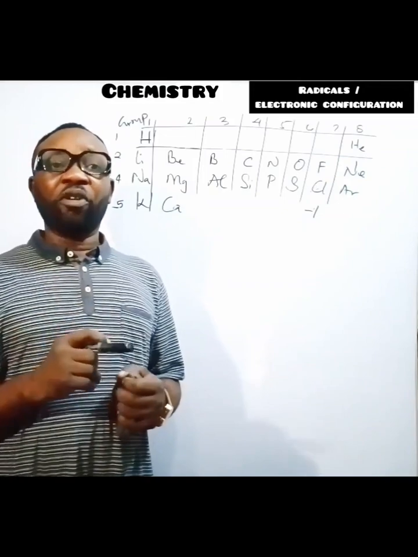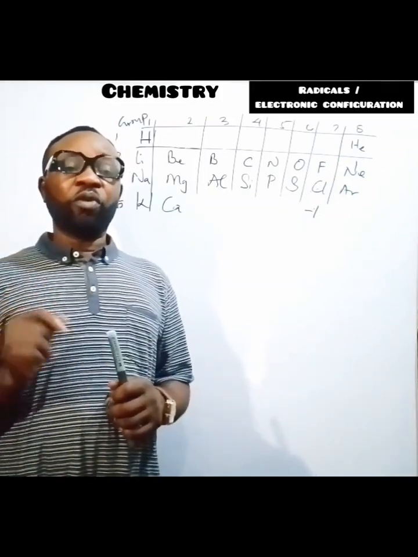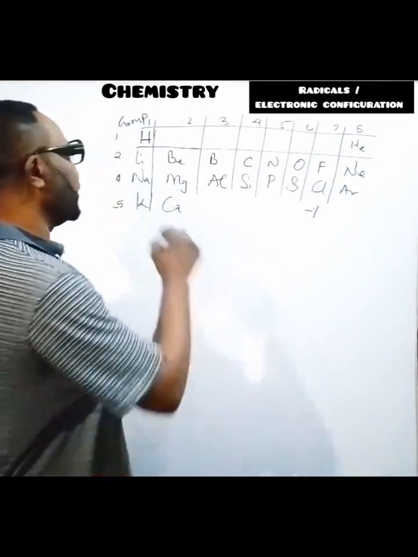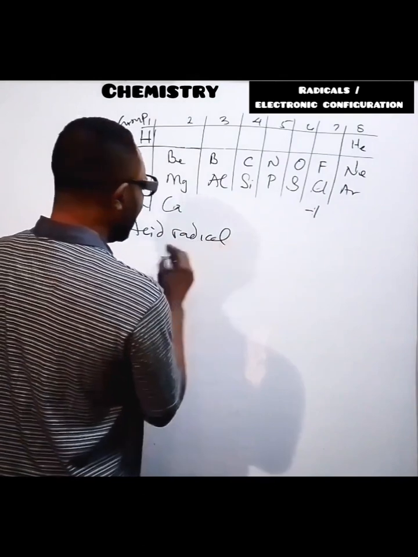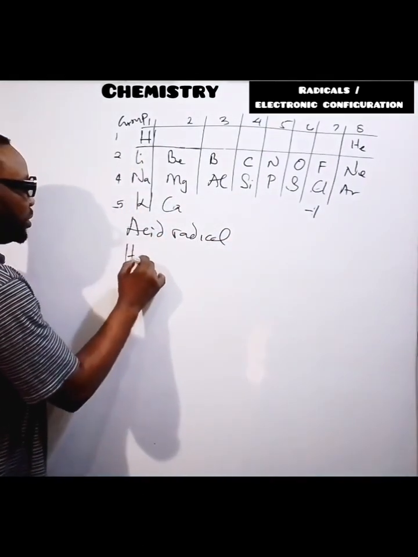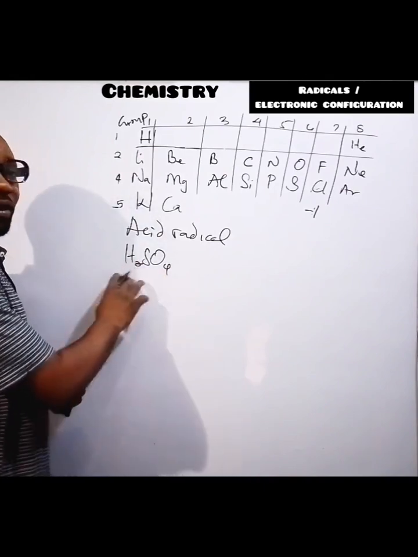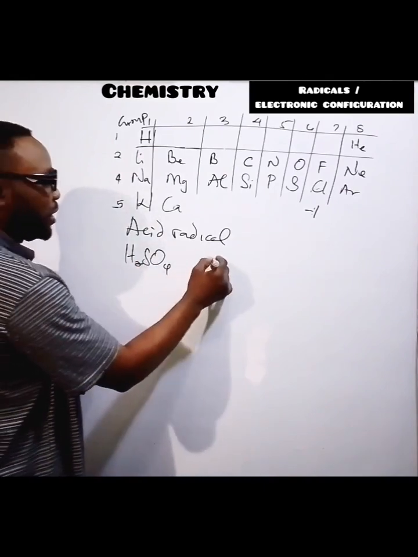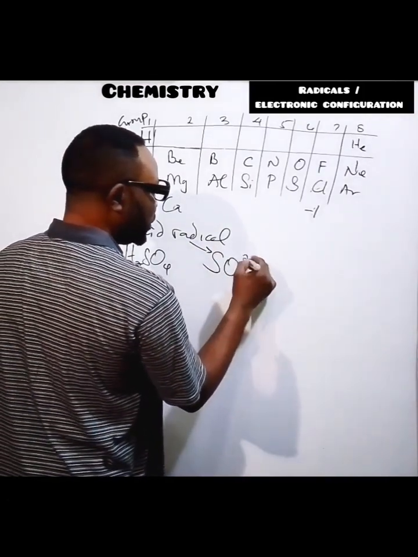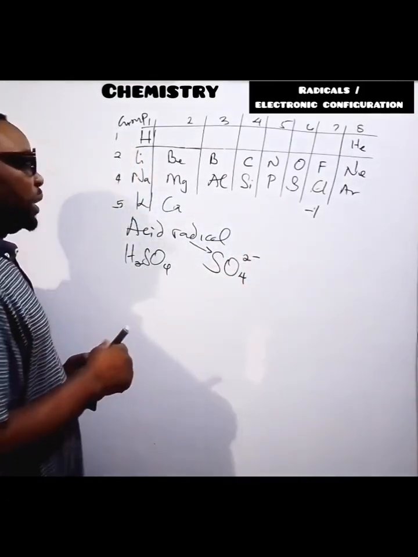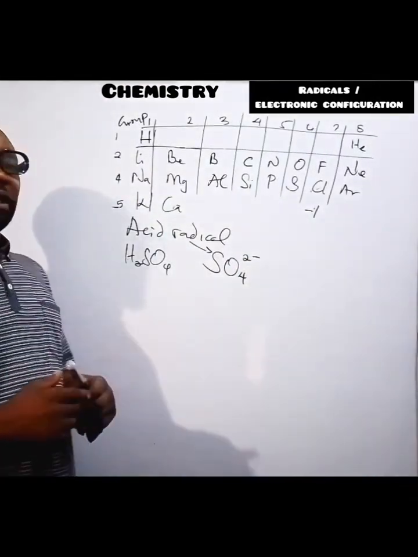The charges on them will be the number of hydrogens that were removed. For example, an acid radical: if you have H2SO4, the acidic radical of this nature will be SO4 2-.